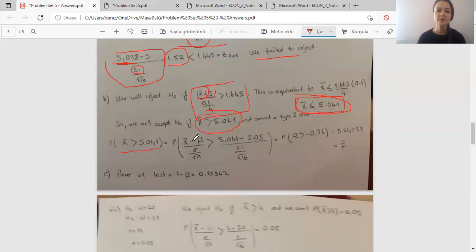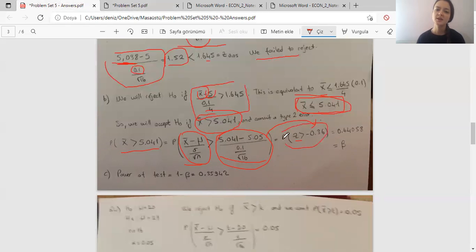And then when we subtract the mean and divide by the standard deviation of the sample mean and do the same thing on the right-hand side, this part has become a standard normal distribution, Z, and it is greater than, after the calculations here, minus 0.36, okay?